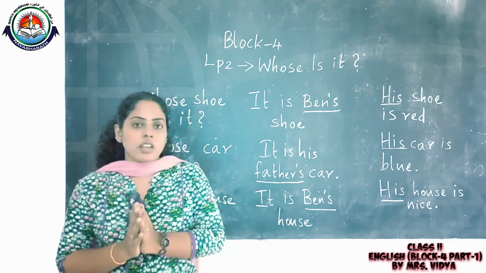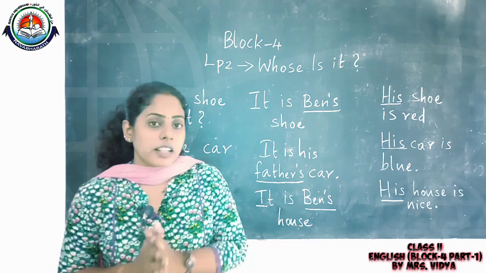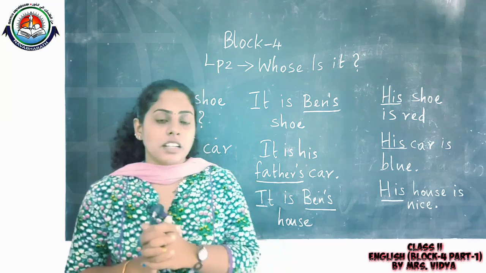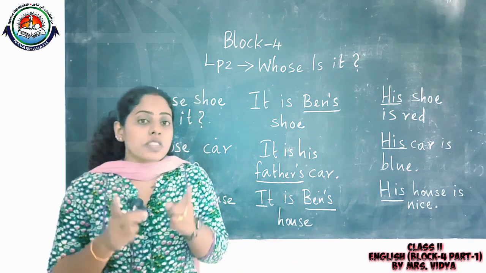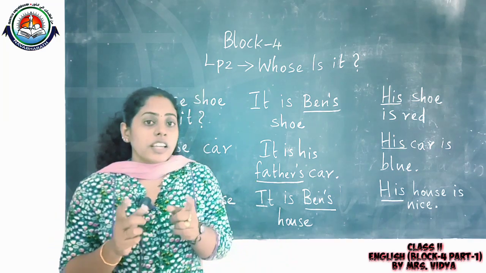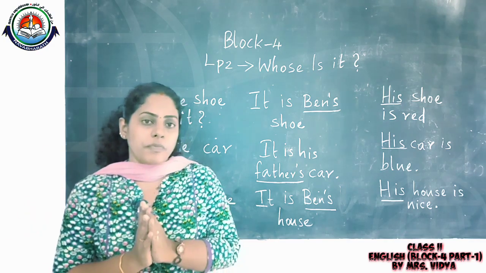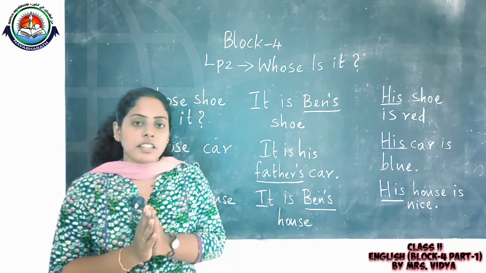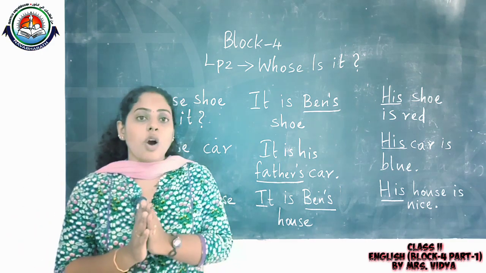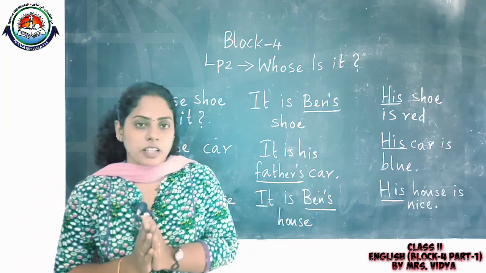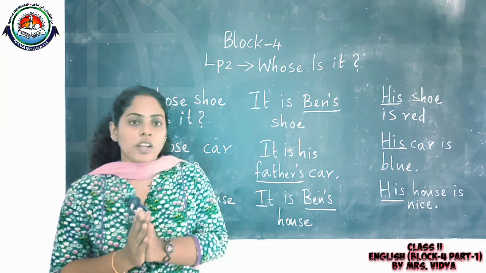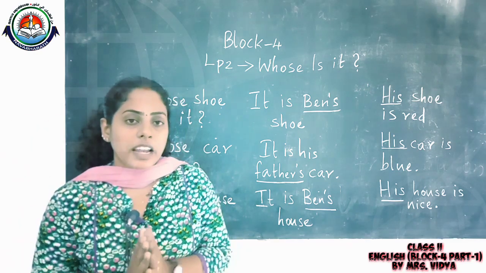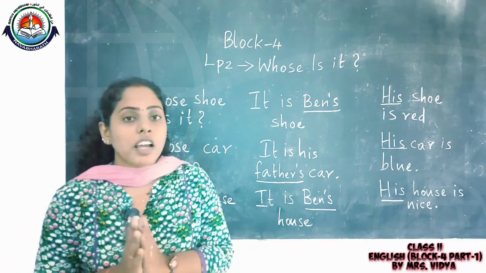Possessive. So a thing that belongs to someone else. Assume that your friend is having a pencil. So what will you say? It is his pencil. It is her pencil. Like that. Okay. So imagine that a group of students are standing there in front of their class.